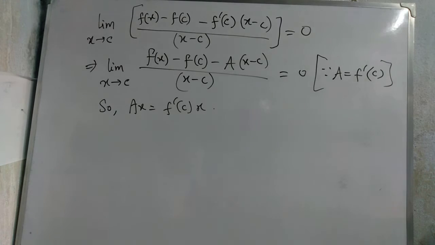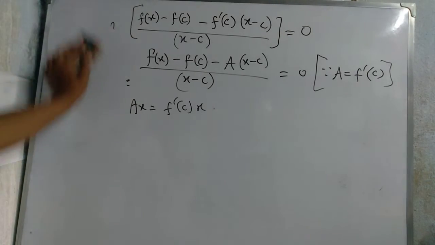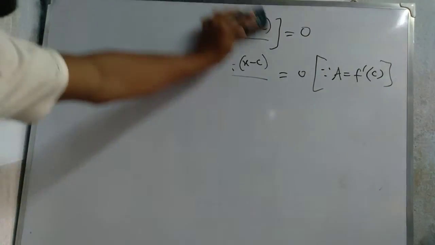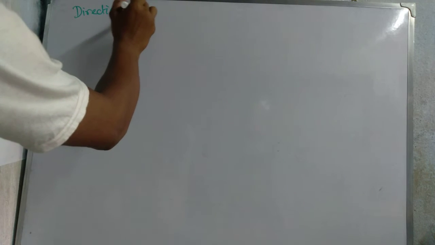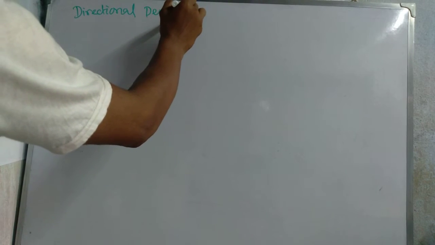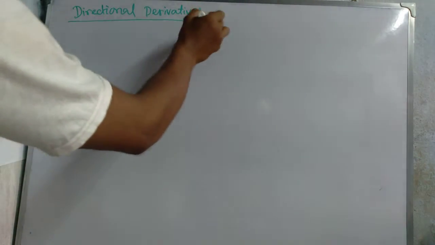We also gave the definition of derivative in R, where the domain is R. Now we talk about directional derivative, so we erase this portion and go on to discuss that. Here we write directional derivatives.